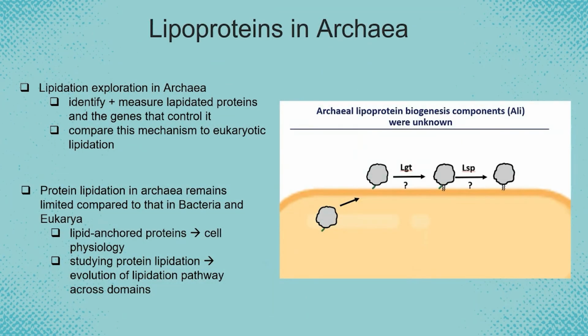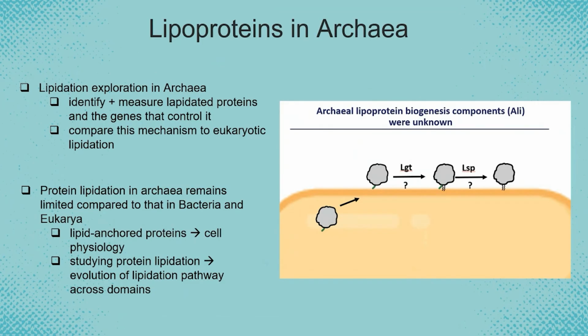So, lipoproteins in archaea. Lipidation exploration in archaea means identifying and measuring lipidated proteins and the genes that control it. Once we understand this mechanism, we want to compare it to eukaryote lipidation.